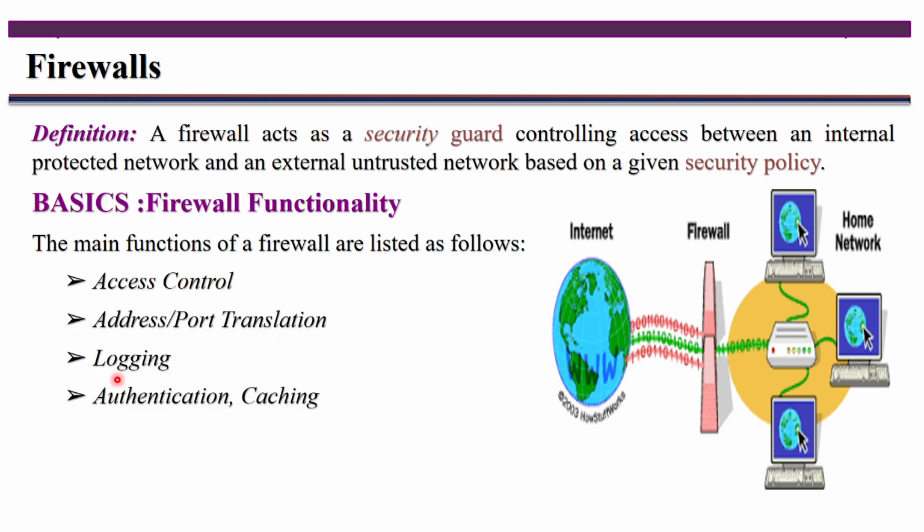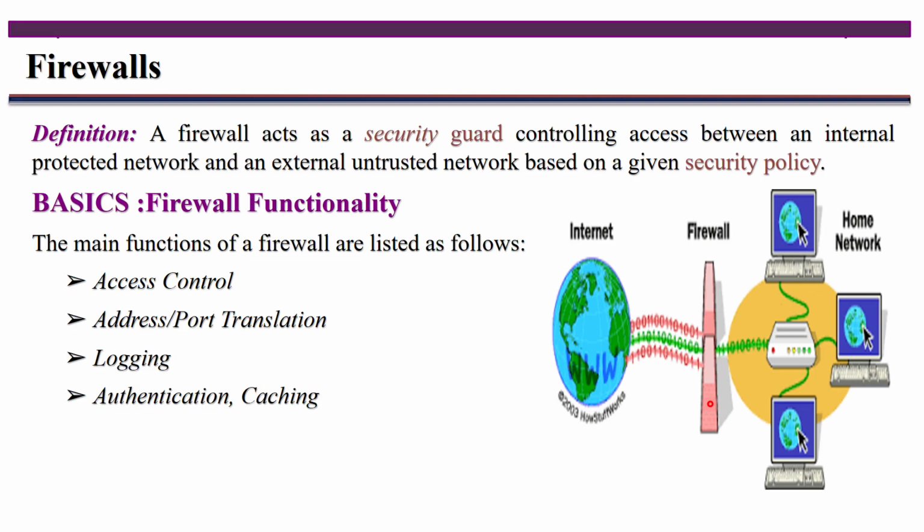Next one is logging. As I told earlier, if the internet sends any packets, they first have to be filtered by the firewall. The firewall filters the packet, and if it contains malicious programs, it doesn't allow that packet in. Any suspicious packets it receives from the external untrusted network, it stores somewhere. That is what we call logging.